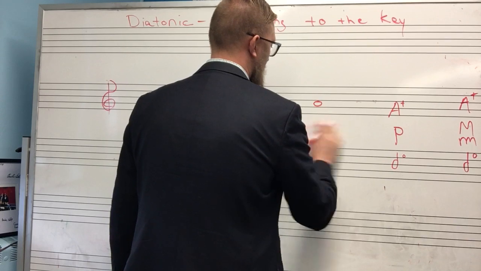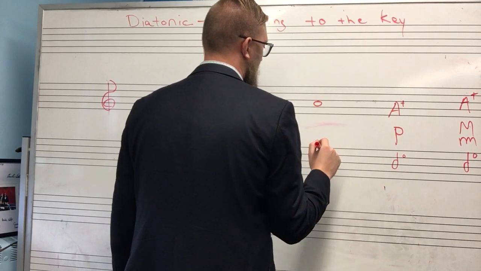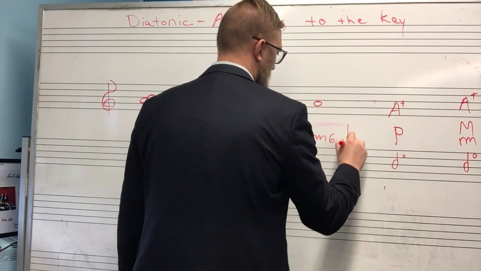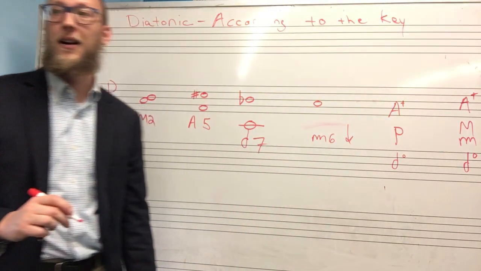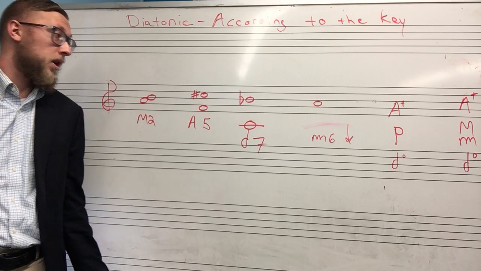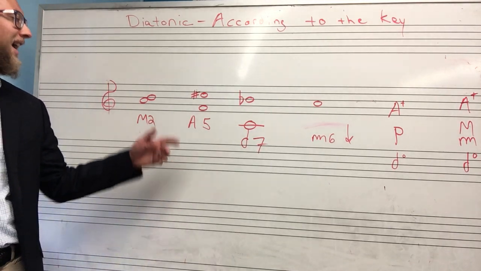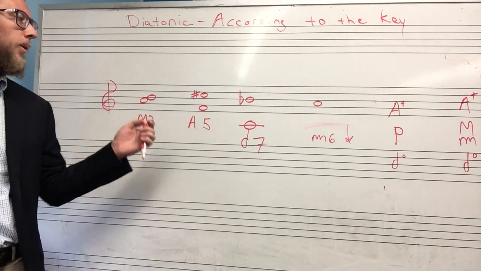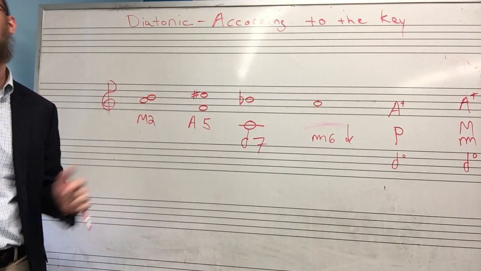What if I said write a minor sixth below this note? Maybe we could figure out what note name it is first, and then add accidentals as we need. What's a sixth below an A?